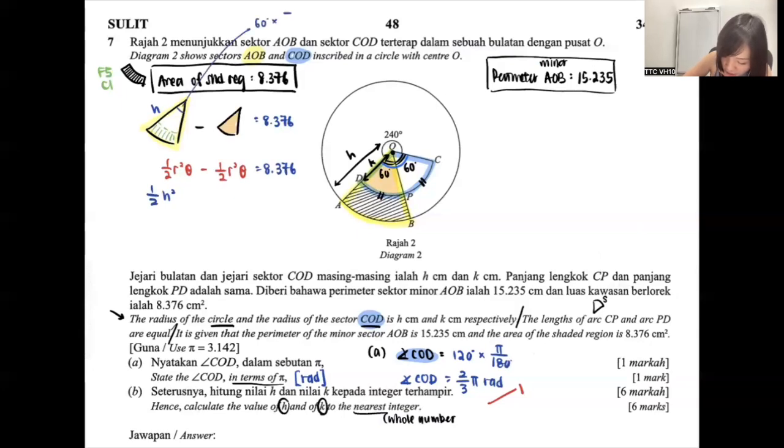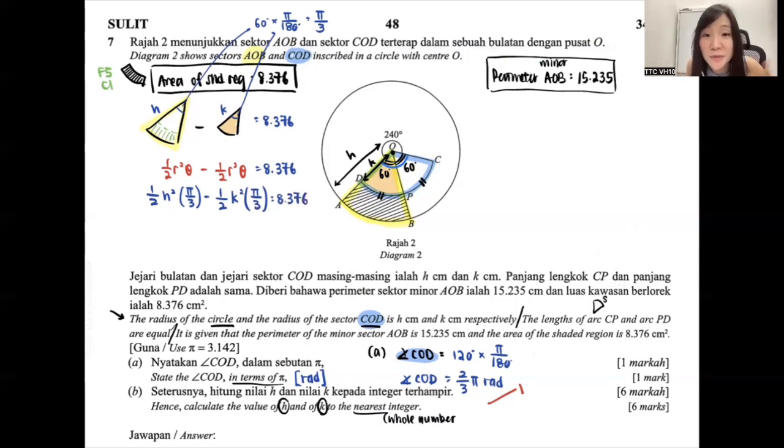Remember, there's no sin cos tan, you must convert to rad. So this one, converted to rad, is actually pi over 3. Minus 1 over 2. For the orange color one, the radius is what? k. The angle is the same, isn't it? Pi over 3. Equivalent to 8.376.